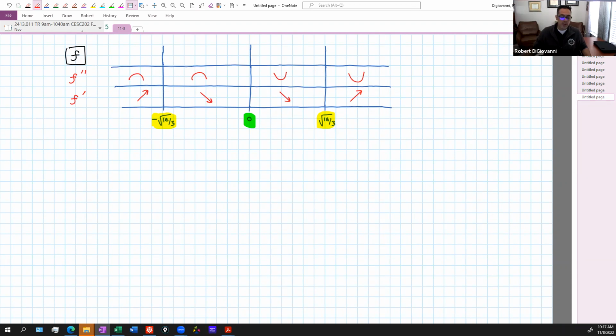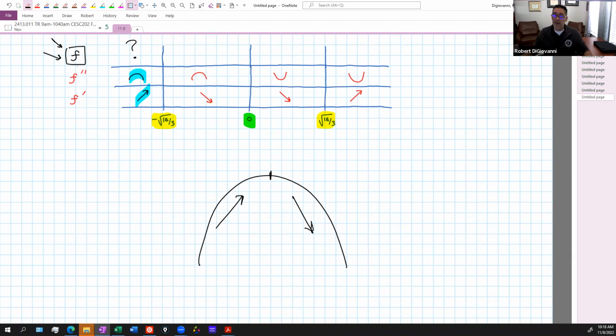Final thing, let's talk about f. To figure out what's happening here, what I need to do is put these two pieces of information together. I must be going up, but I must also look like a frown. So think about a frown. On a frown, on the left-hand side, you're going up, but the right-hand side, you're going down, right?